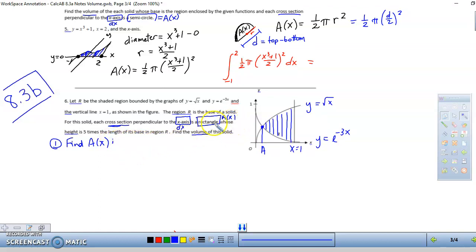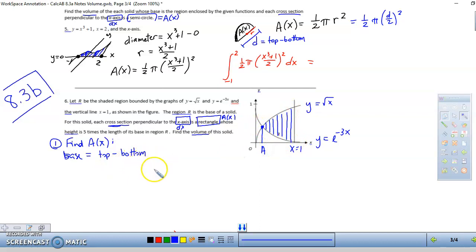So you are doing a rectangle. The height is 5 times the length of its base. So the base, or the b, is going to be the top minus the bottom. And again, I can use that in this case because the square root of x, for any x value I pick, is above the e to the negative 3x.